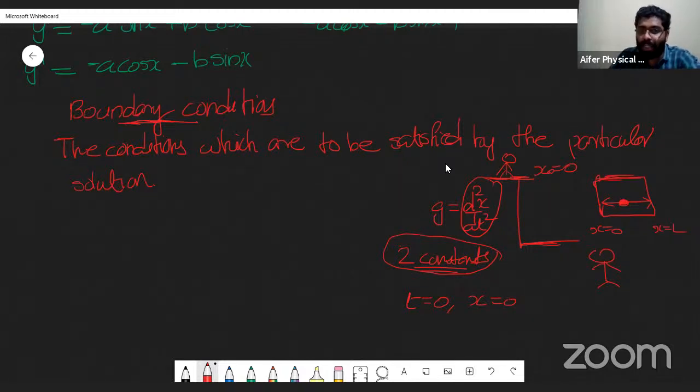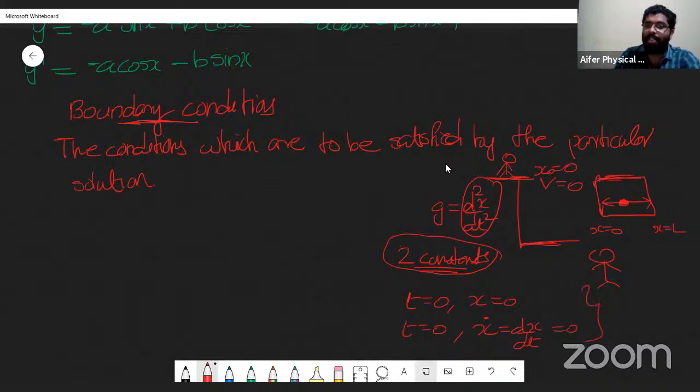But we need 2 constants. So to get the complete solution, we need at least 2 conditions. Suppose there are n constants, we need n conditions. If there are 2 constants, we need 2 conditions. Can you find one more condition? Of course. His initial velocity is 0, which means at time t equal to 0, x dot, which is dx by dt, is 0.